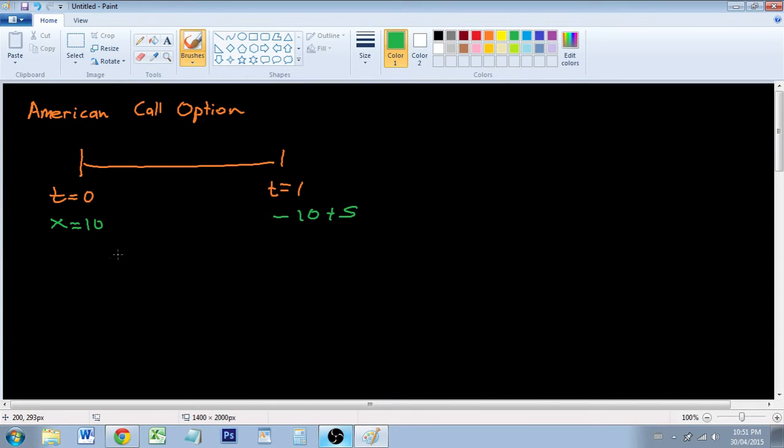So another way to think of it is like a forward rate agreement. What exactly is that? In the future, a forward rate is where you decide now to purchase at a price and then you pay that later on.